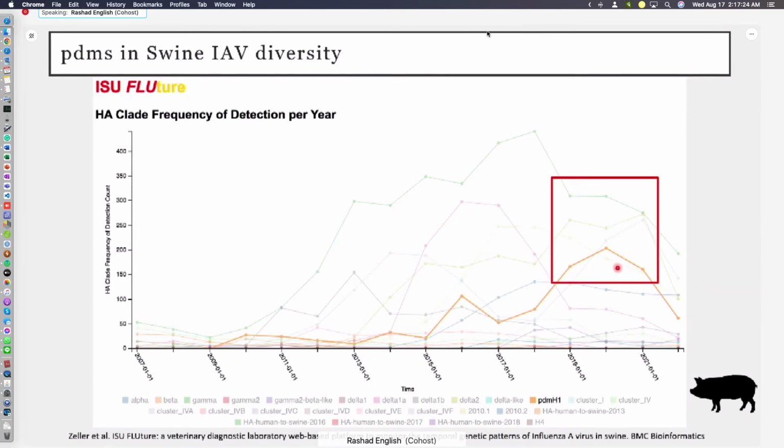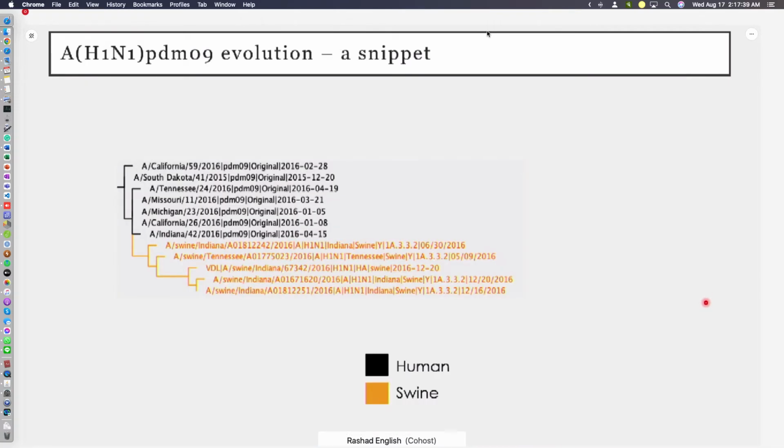Since 2019 it was on the rise, and it became one of the top four most frequently detected HA clades overall in pigs in the US, and it remains a major clade in 2022 as well.